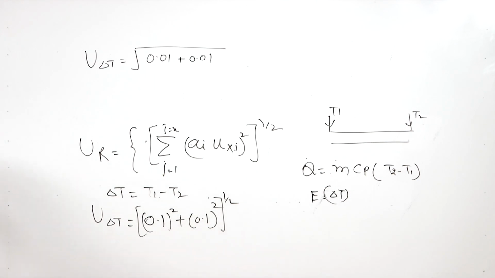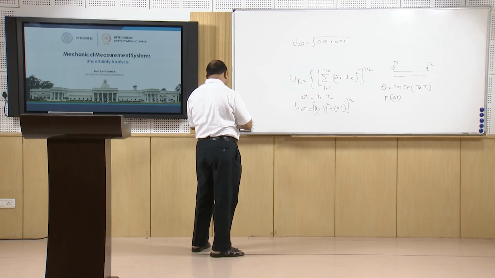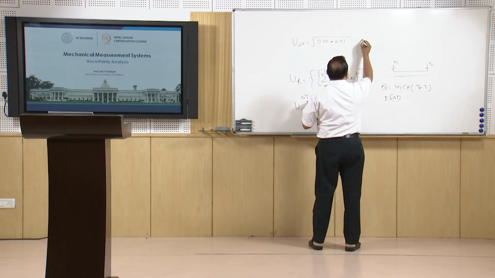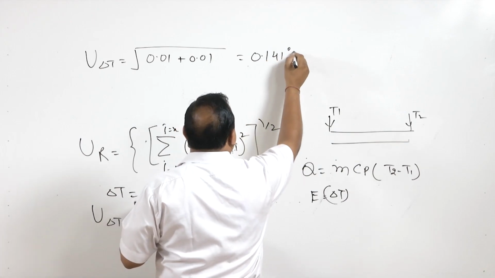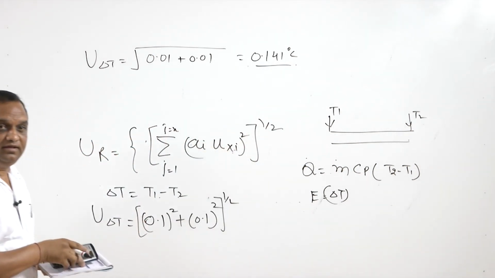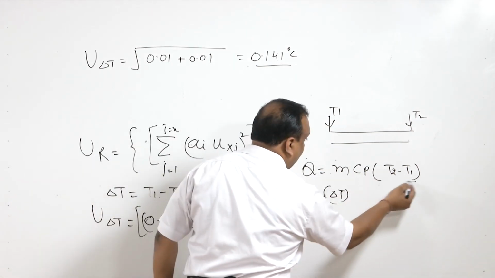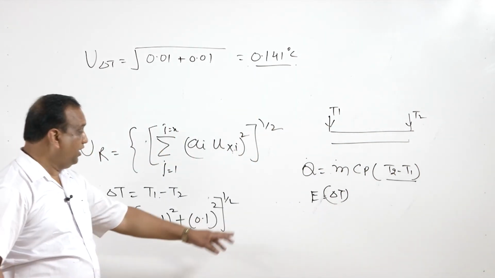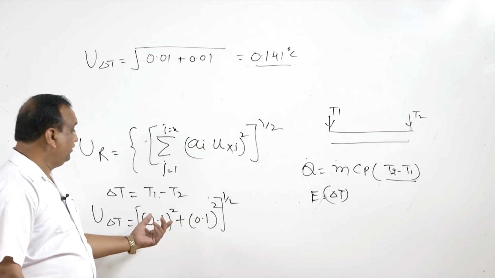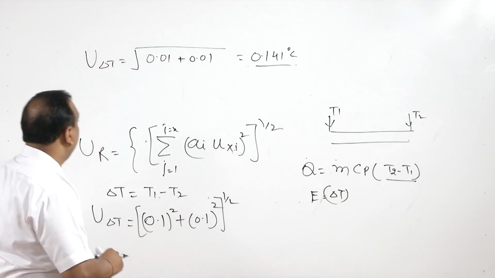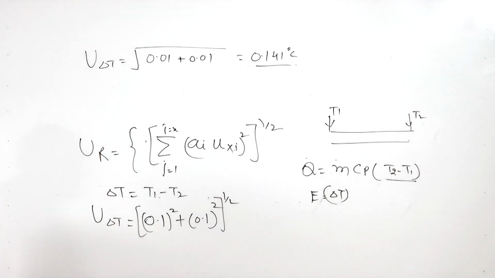Now if we take under root of 0.02, it becomes 0.141 degree centigrade. Right. So the individual temperature measurement is 0.1 and 0.1, right? So it is not 0.2, it is 0.141 degree centigrade uncertainty in the measurement of delta T.